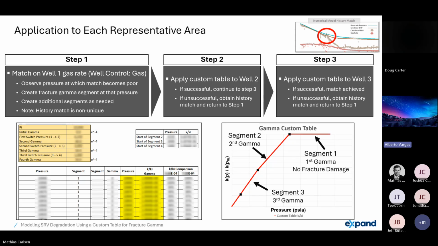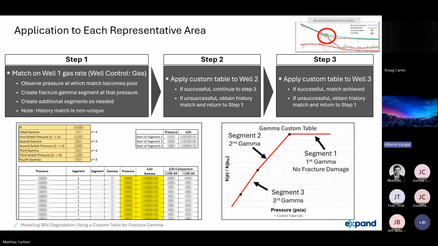On the bottom right-hand side is an application of what it looks like for us. 3 of the 4 look very similar to this, where we had no gamma to start with, and then at some pressure we had to add in some damage of some magnitude, and then change that magnitude later on. We modeled it with 3 segments, but we set up an Excel spreadsheet to be able to handle 4.